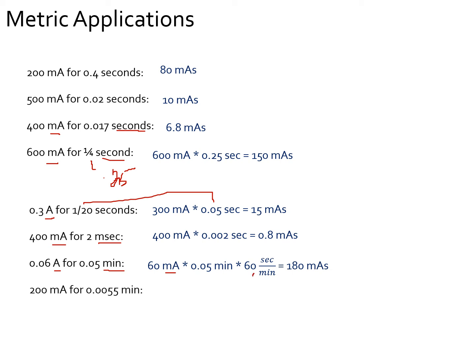I'll put this down here per 1 minute. So now minutes are canceling out, and I'm left with milliamps and seconds to get milliamp seconds. So 60 times 0.05 times 60.